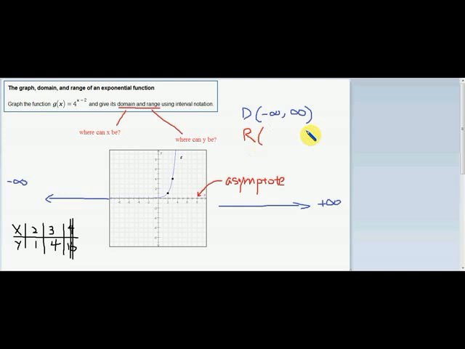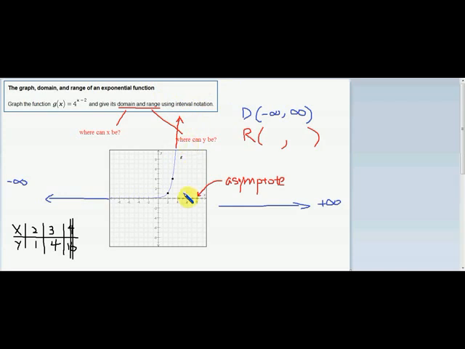For range, let's figure out what the maximum number is going to be. As you can see here, if I move across the graph from the left to the right, this blue line keeps on increasing, right? So is there a limit where this line is going to stop?